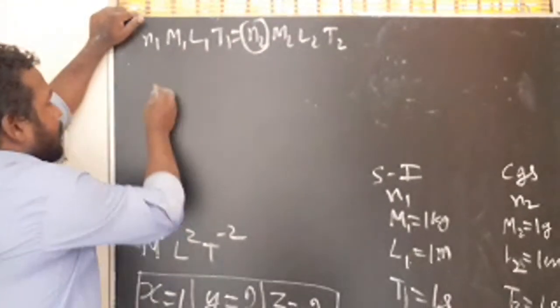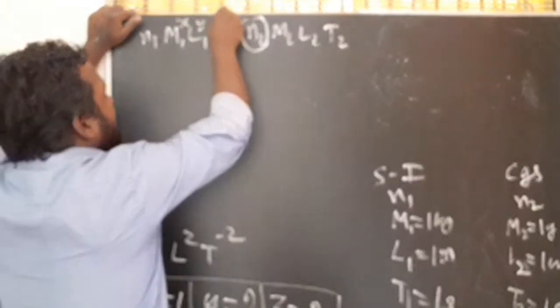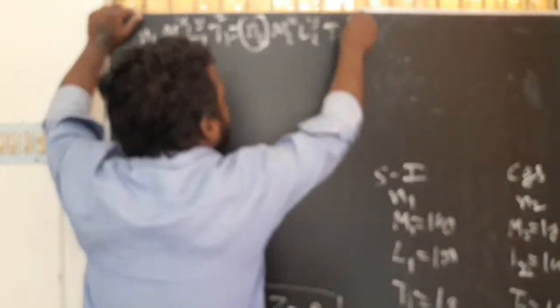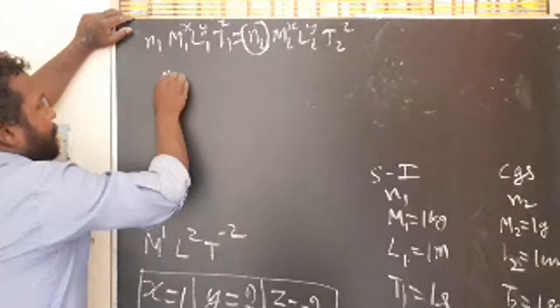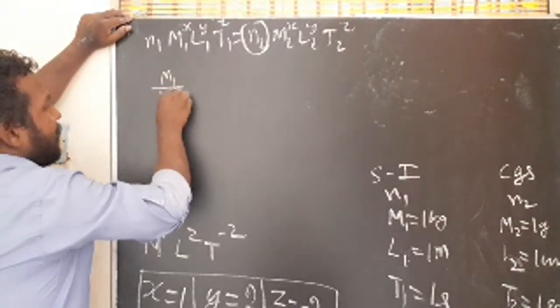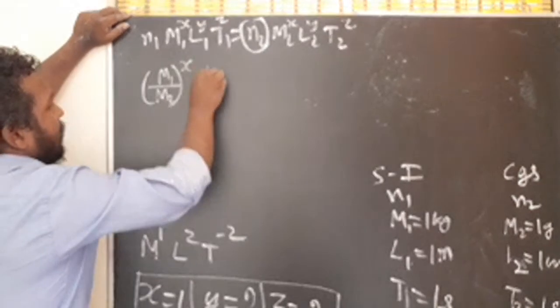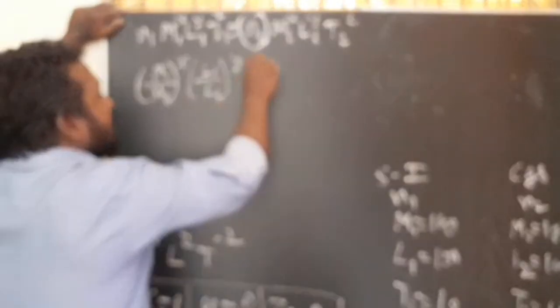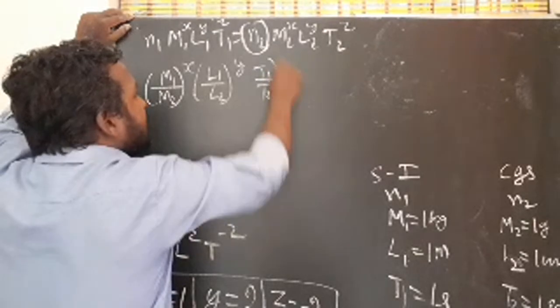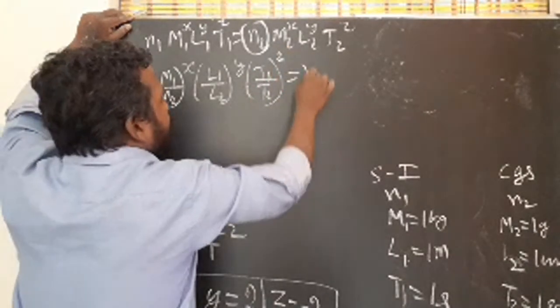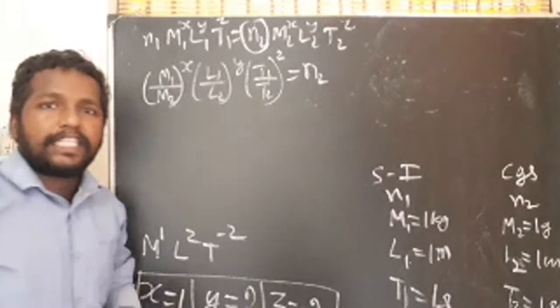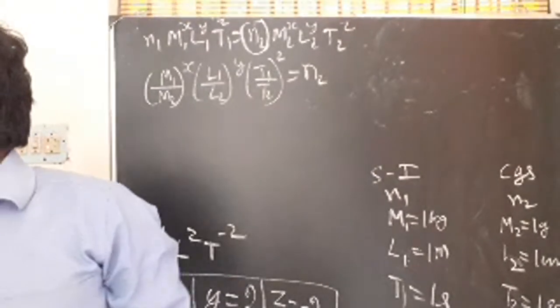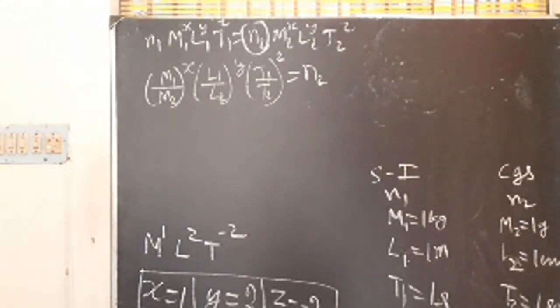This you can bring as a denominator, X, Y, Z. So M1 divided by M2 power X, L1 divided by L2 power Y, T1 divided by T2 power Z is equal to N2. N2 will be the ERG calculation. So we are calculating how many ERG there will be.